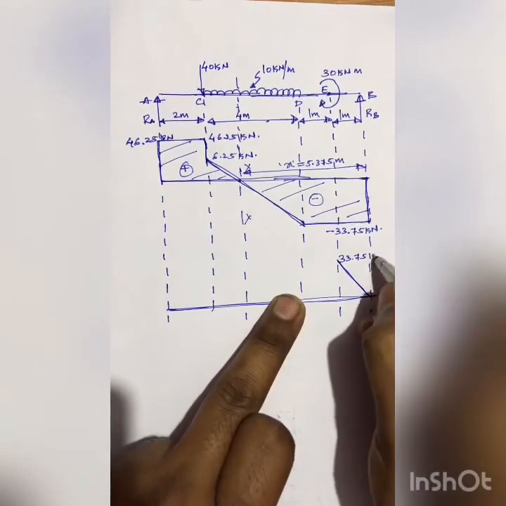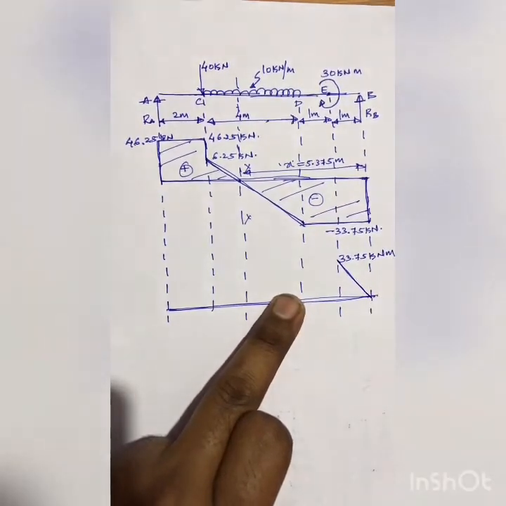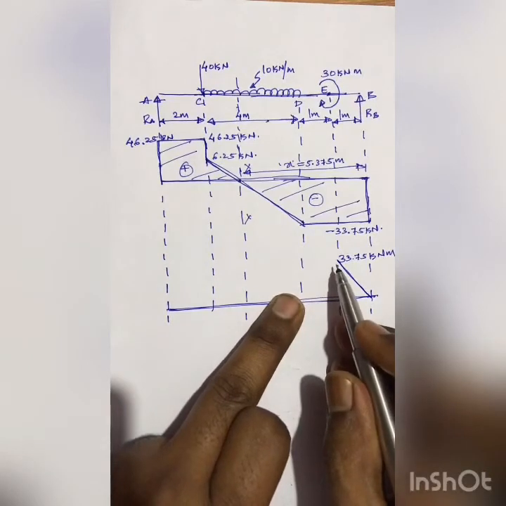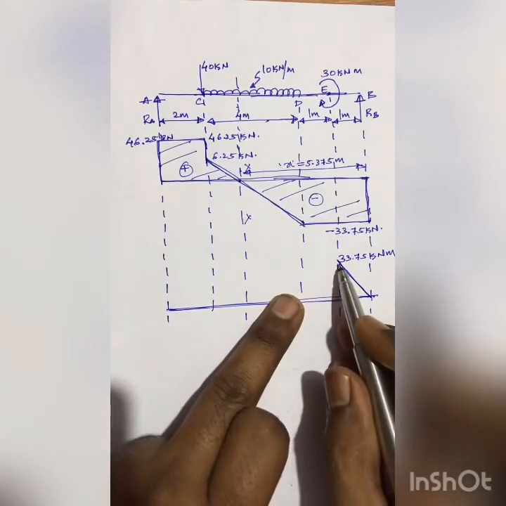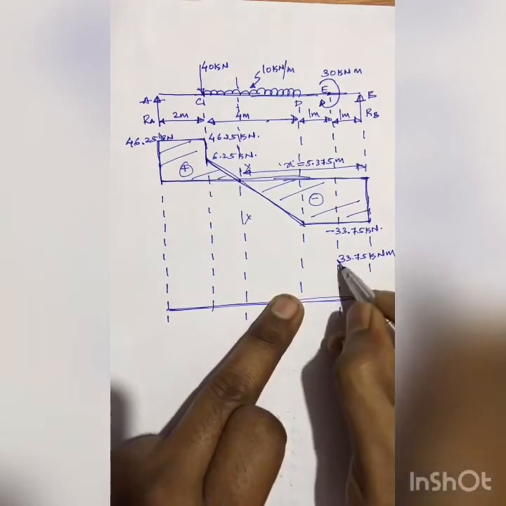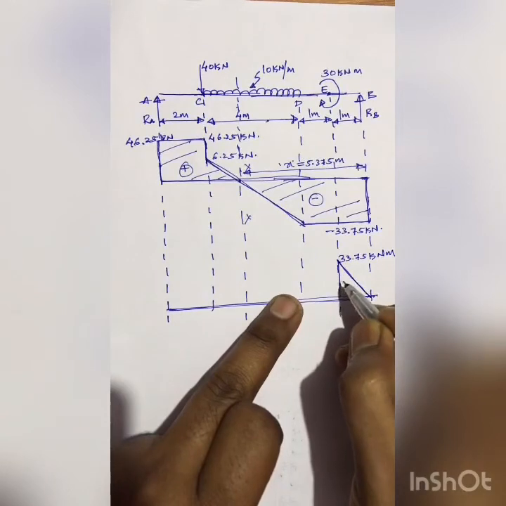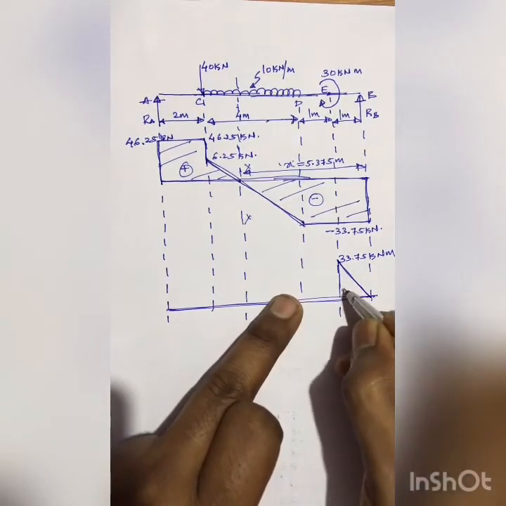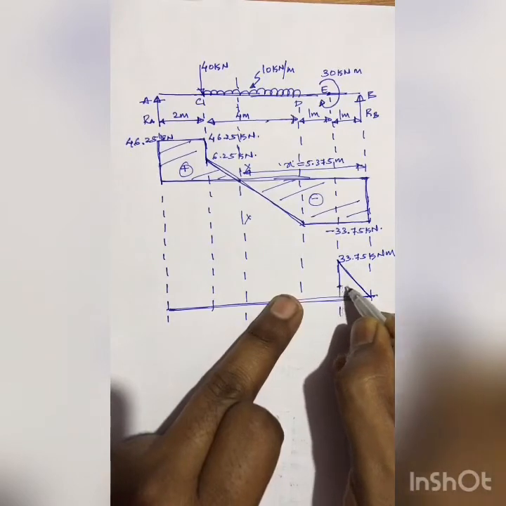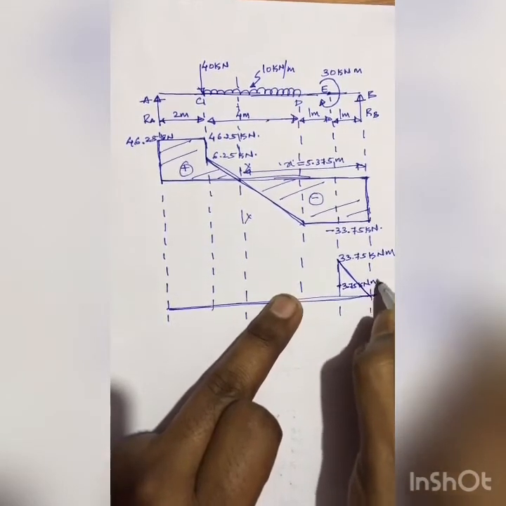kilonewton meter. Okay. Next, at E we found the bending moment again, with the couple considered, and with the couple we got the value as, it becomes lower actually, 3.75 kilonewton meter. Let this be the point, 3.75 kilonewton meter.